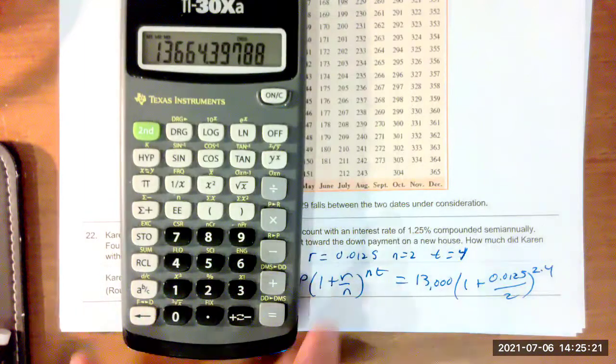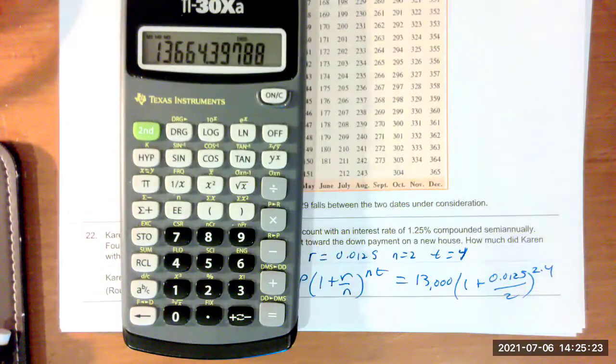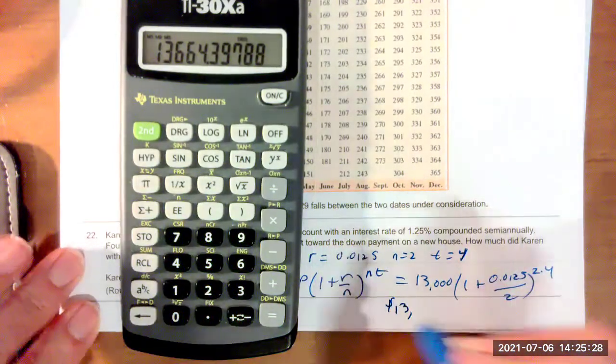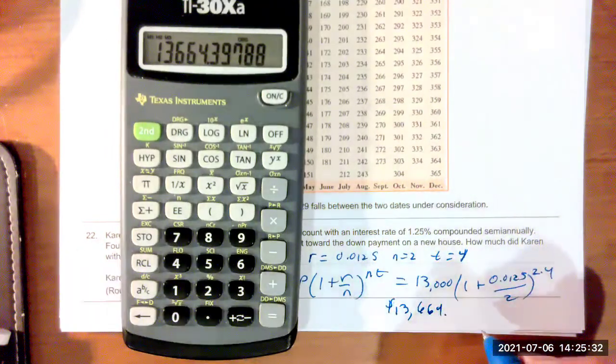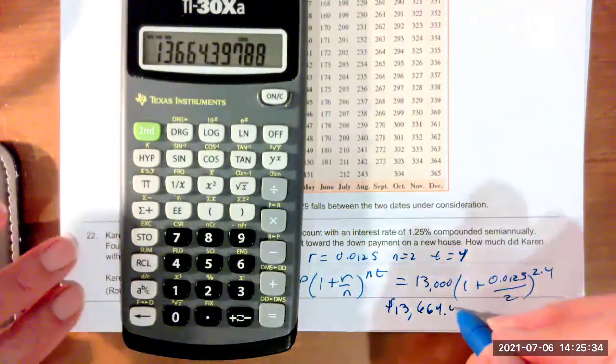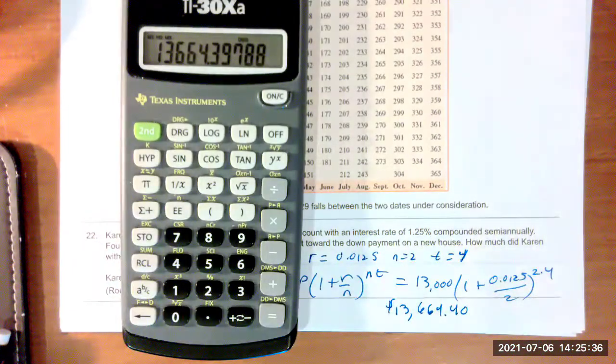And so I come up with, she's going to be able to withdraw $13,664.40 when we round it off, because we're talking about money, so we're going to round off to 2 decimal places.